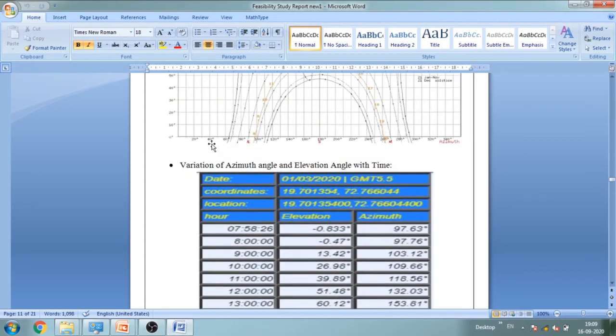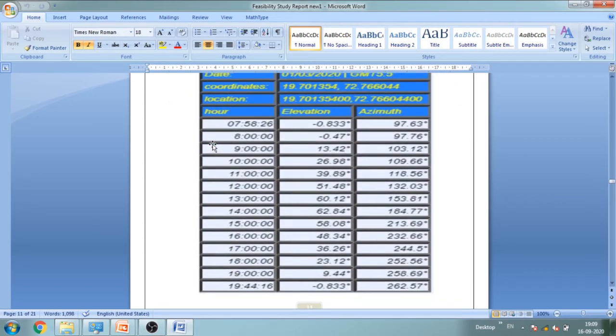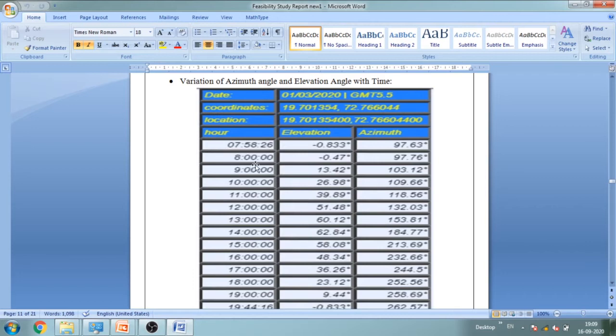We can also generate the sun path diagram in the Cartesian format. Both the azimuth and elevation angle answers will be the same for the polar and Cartesian sun path diagrams. Once we have drawn the sun path diagram, we need to prepare a table which shows, on a particular day, according to the time, the value of the azimuth angle and the elevation angle. According to the elevation angle value, it decides the shadow length over a period of time. Let's say on this particular day, at this particular hour, what is the elevation angle?